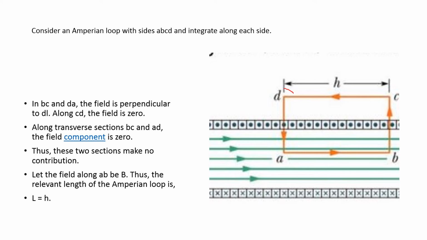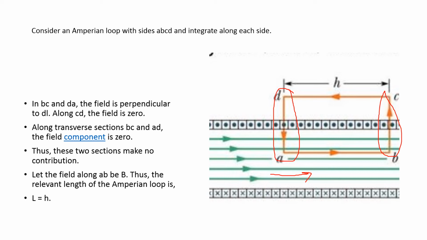We are talking about these two sides. Here, the magnetic field is perpendicular, as we have assumed the magnetic field in the direction of the axis. Along the transverse sections BC and AD, the field component is 0.